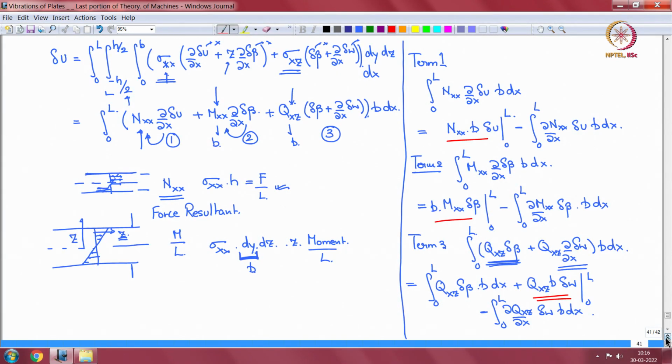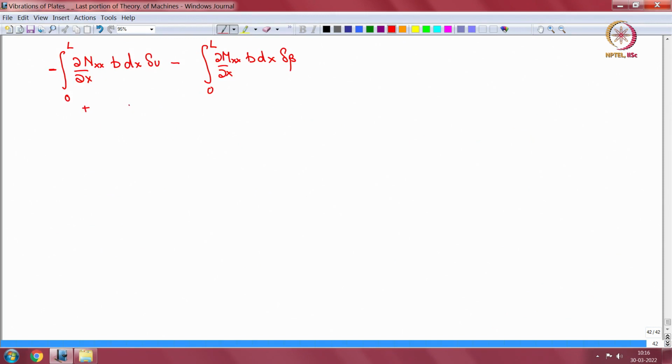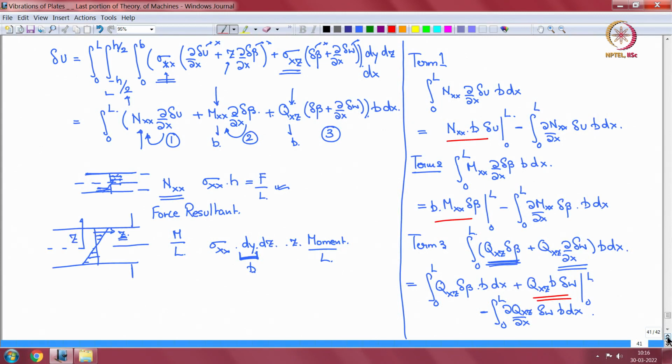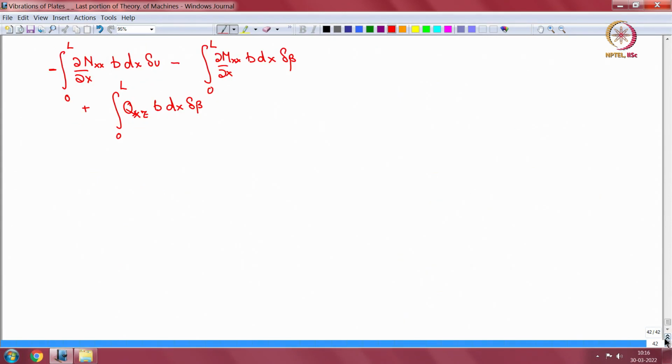and qxz delta beta b dx plus qxz b dx delta beta, and then delta w, minus integral 0 to L del qxz del x b dx delta w.